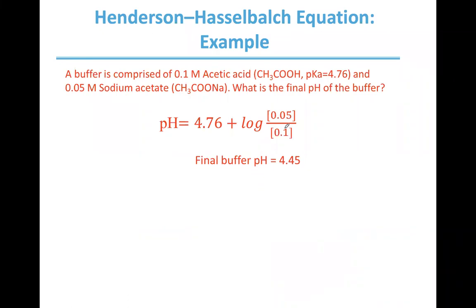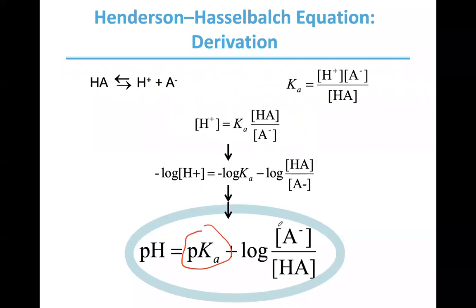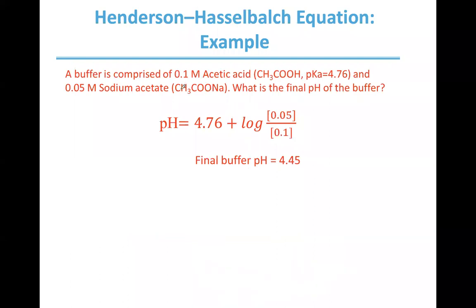Now going back, the concentration of the conjugate base, and the conjugate base is acetate, is 0.05 molar. And then the concentration of the weak acid is 0.1 molar. We plug all this in, and the final pH of the buffer is 4.45. So this is how you calculate the pH of your buffer.